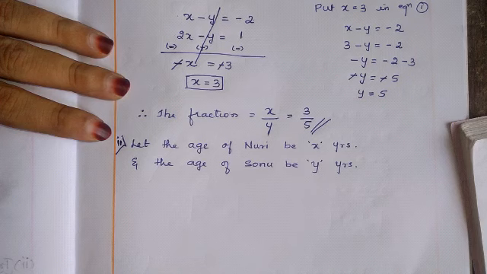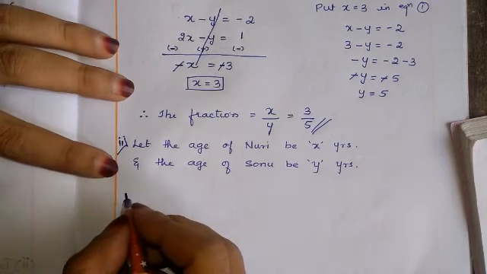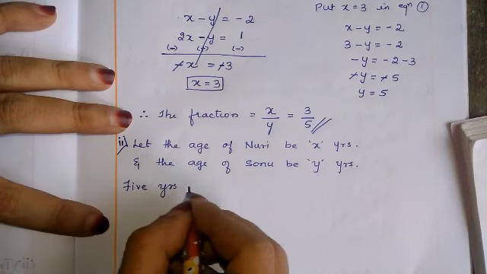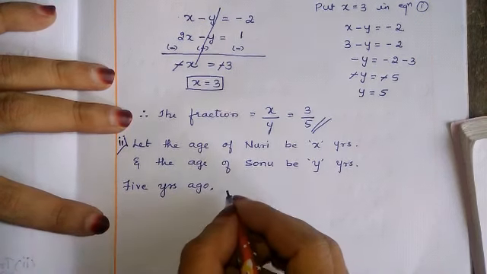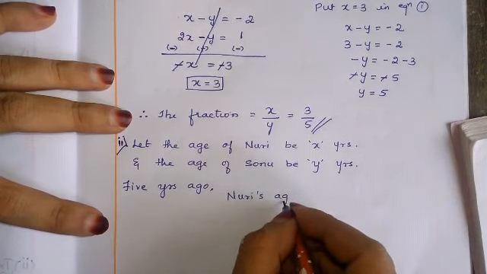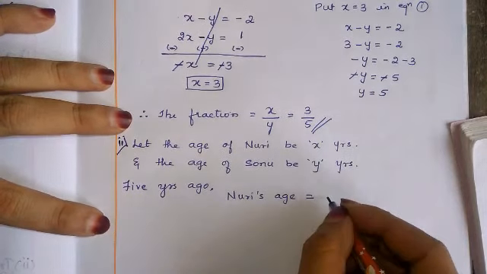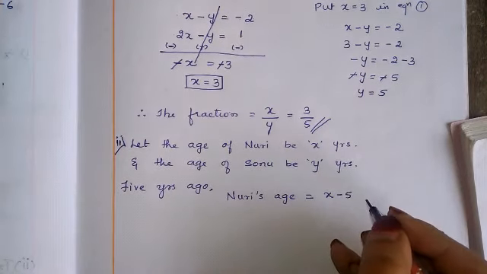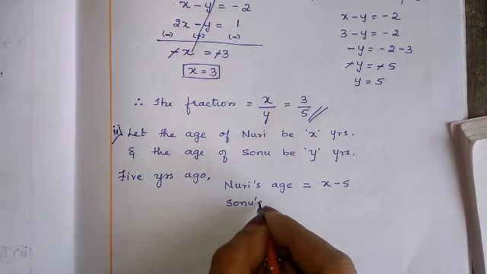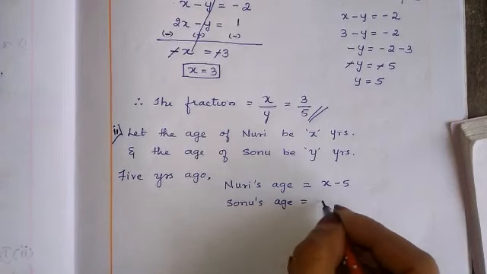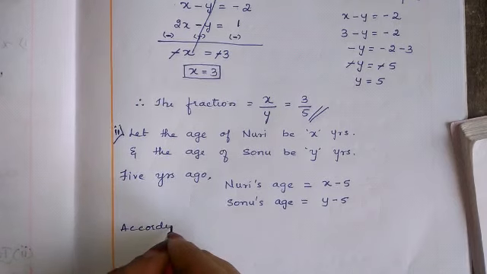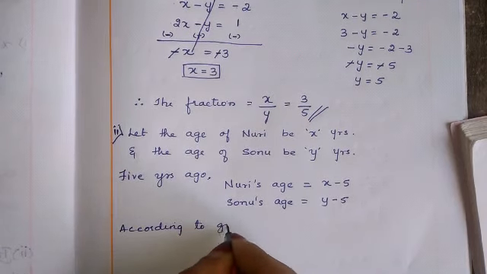First condition, 5 years ago. 5 years ago, Nuri's age was x minus 5. Ago it is past, so we have to do minus. And Sonu's age was y minus 5.